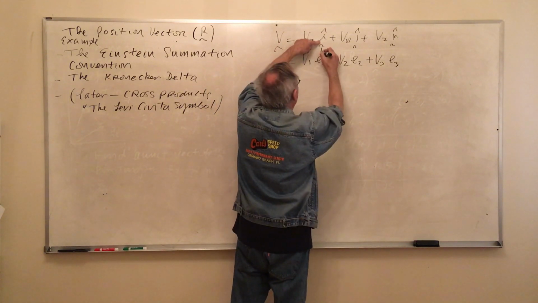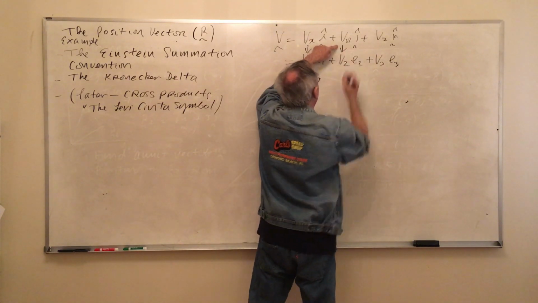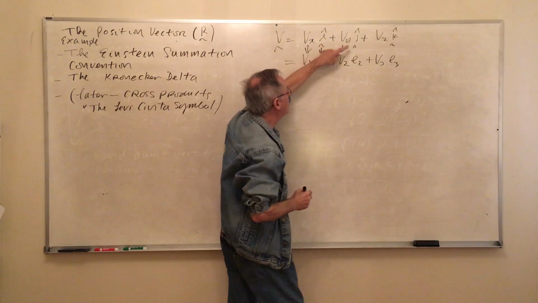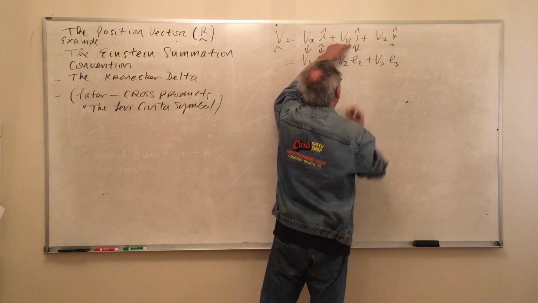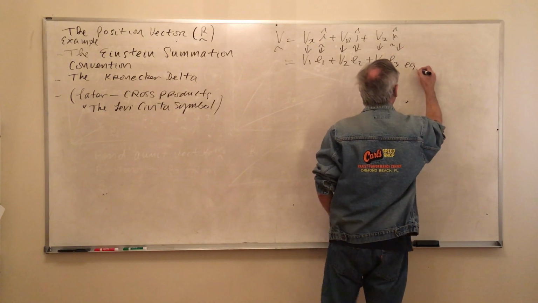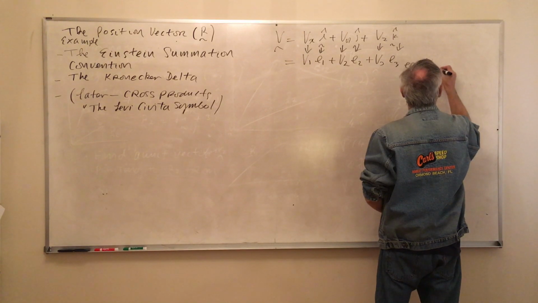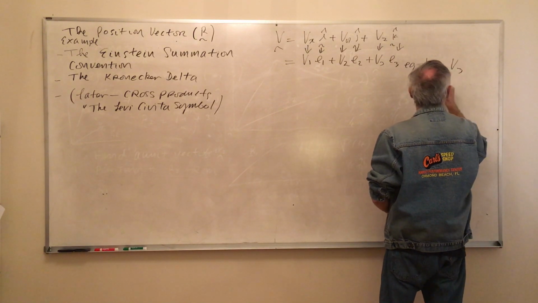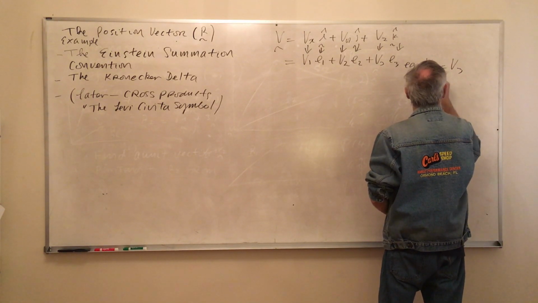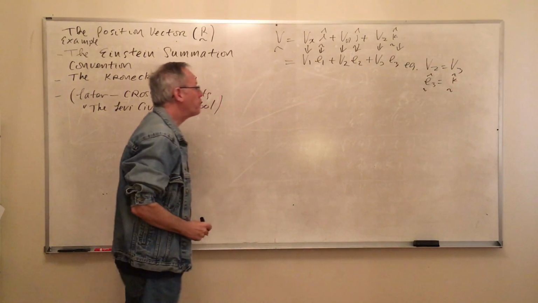And i, we'll just call that E1, unit vector E1. Vy is V2, the second direction. j is the unit vector E2. And similarly for z and k. In other words, the k vector is just E3.